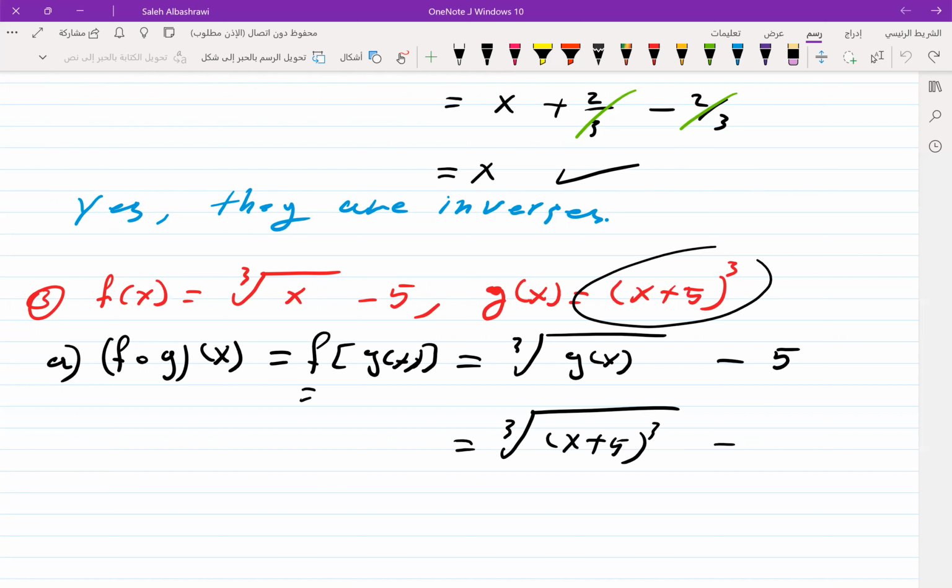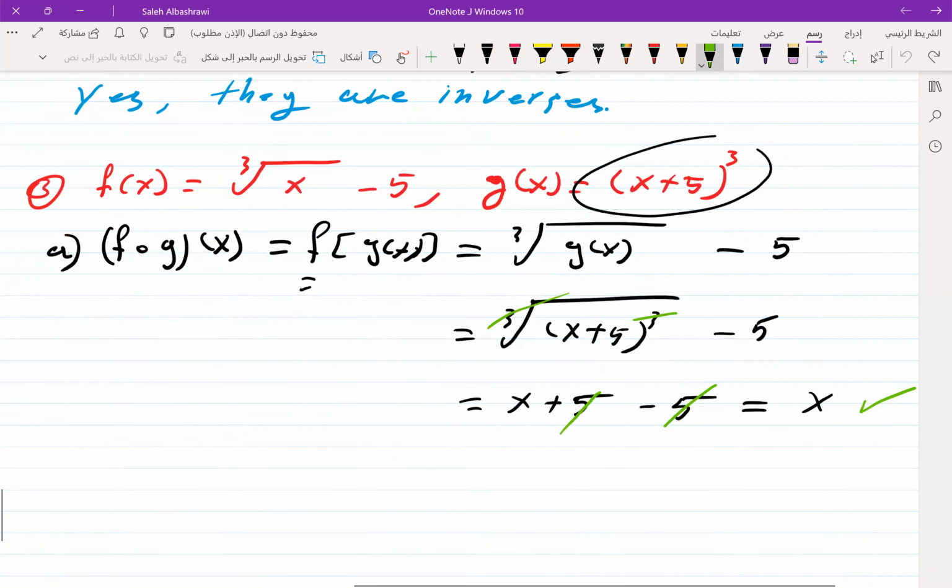And we know from the properties of the root that the third root means the power 1/3. We can multiply the powers 1/3 and 3, and they will cancel each other. I will have x plus 5 outside the root, minus 5, which is equal to x. So the first condition is satisfied.